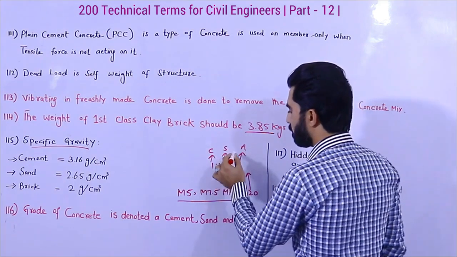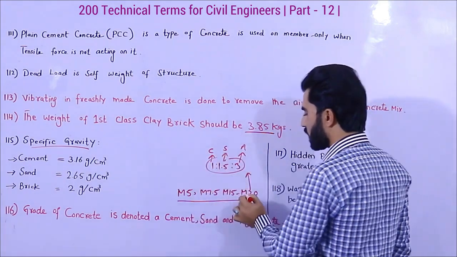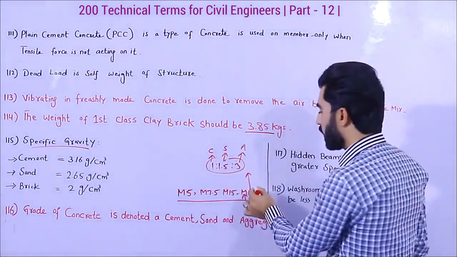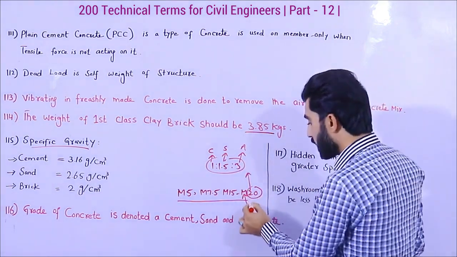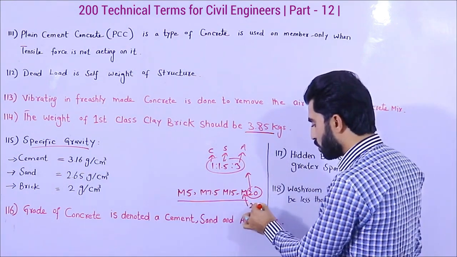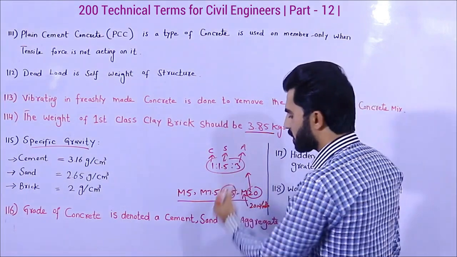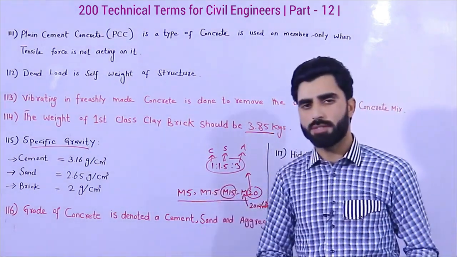When we combine these materials in this ratio, this is M15 grade concrete, where M stands for mix, and 15 is the strength of concrete after 28 days. The strength is in Newton per mm square, so M20 means 20 Newton per mm square, and M15 means 15 Newton per mm square, like 7.5, etc.